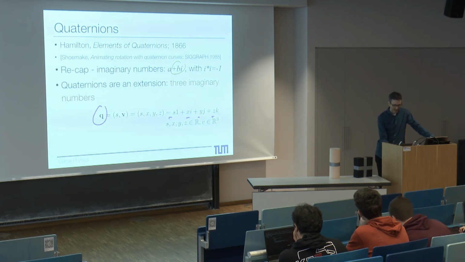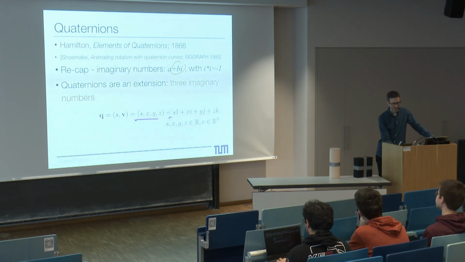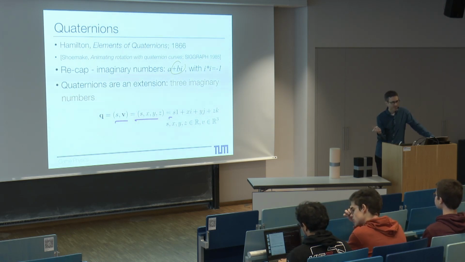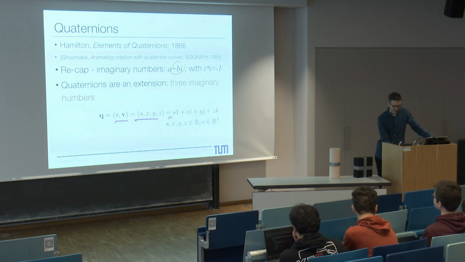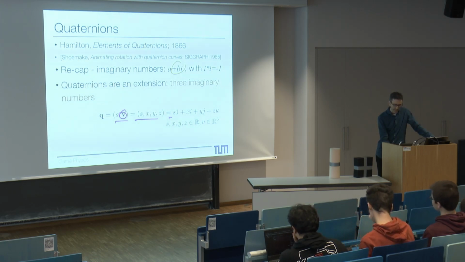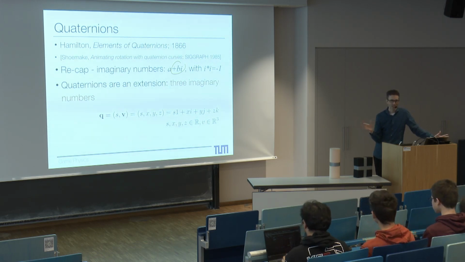Now there are different ways to write this. Either explicitly as a vector with 4 numbers, or you can also think of it as a real part and a 3D imaginary vector, because later on we need the imaginary part. So in a way, this V here is actually the important one. Essentially, you can think of it as a 4D vector with some special rules.